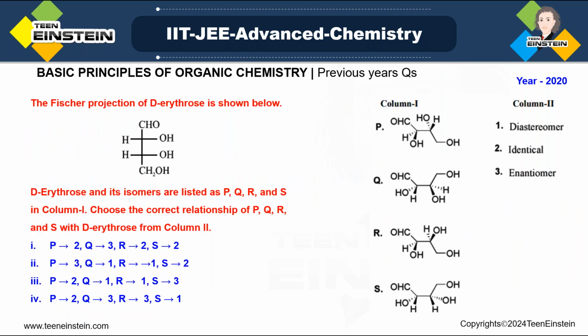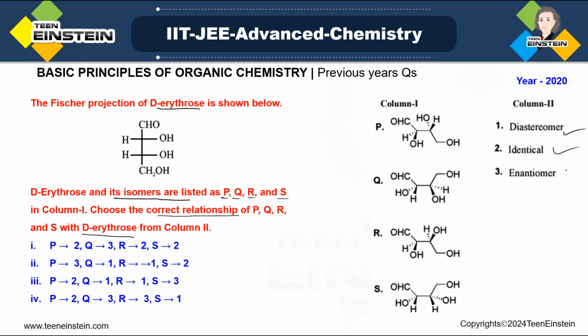Here we have the Fischer projection of D-erythrose, and the picture is given. Now D-erythrose and its isomers are listed as PQRS in column 1, and choose the correct relationship of PQRS each time with D-erythrose, from the relationships given in column 2.